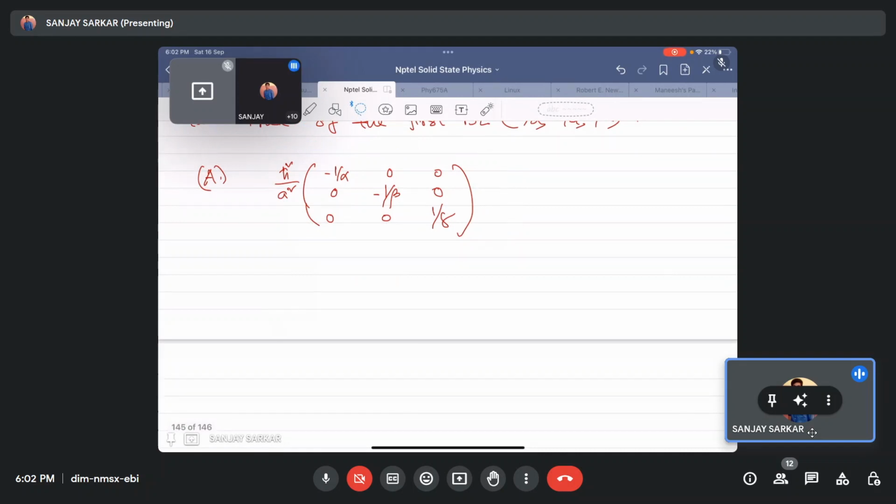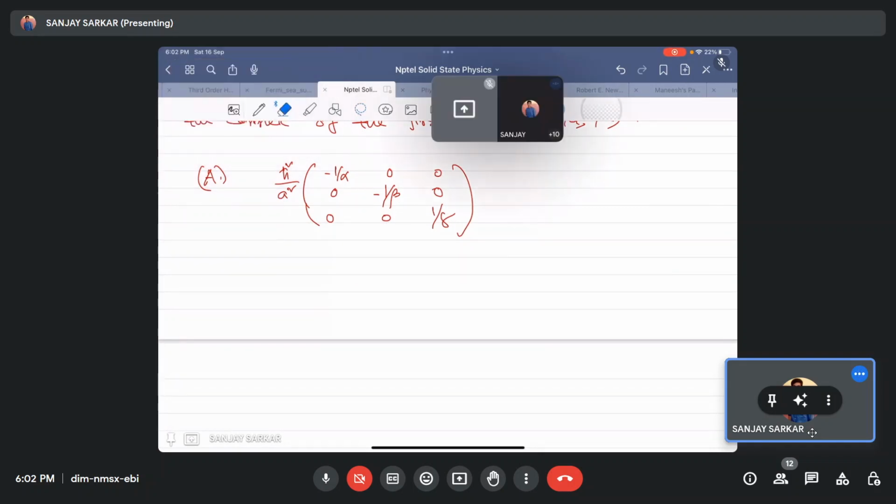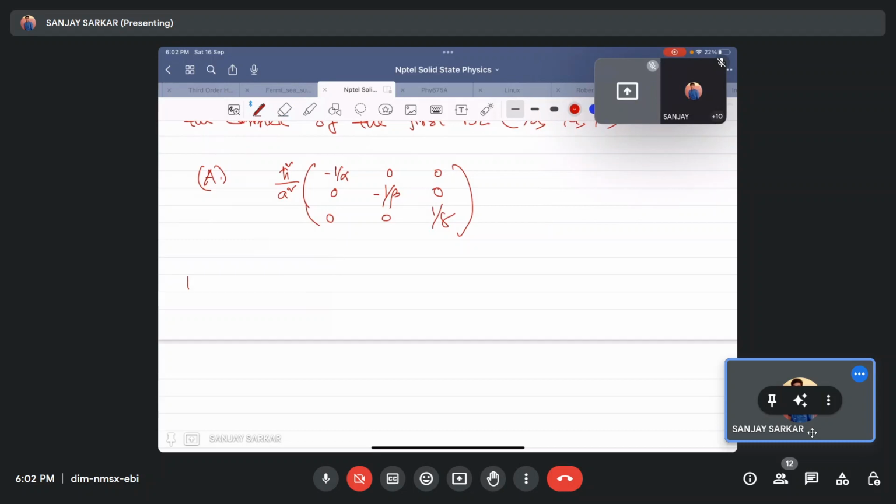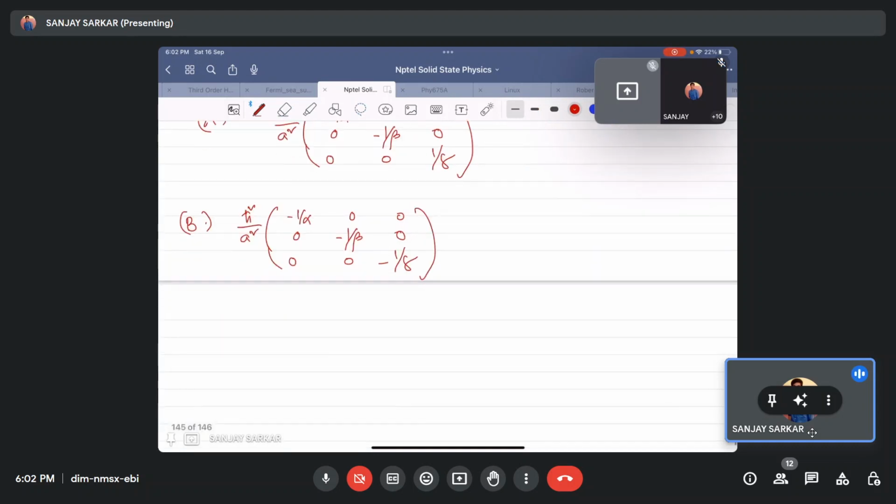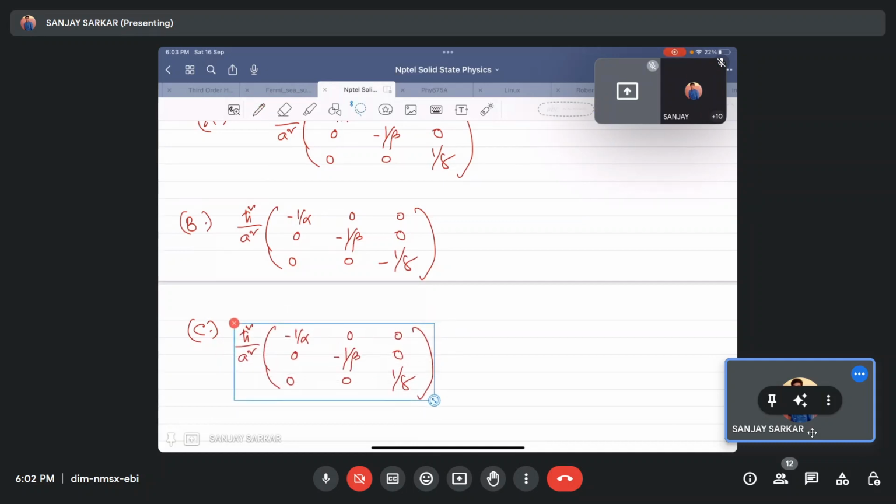Then option B is h bar square by a square, minus 1 by alpha, minus 1 by gamma, beta, and only there will be one minus sign. Then option C is everything with positive sign.